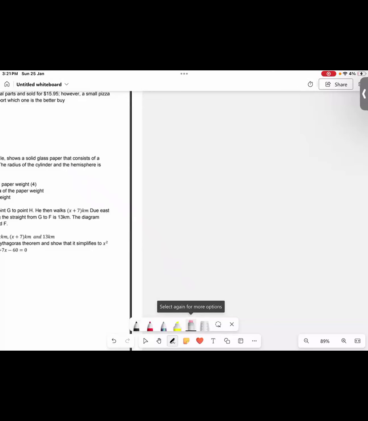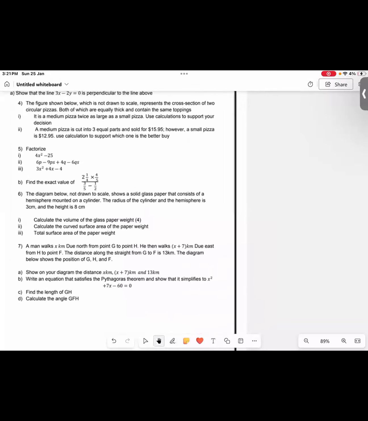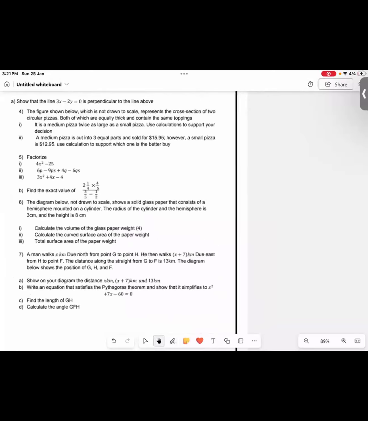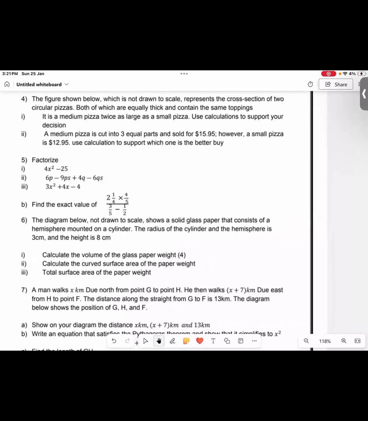All right, so I have a very interesting question, and today I caught my students overthinking this question. I caught them overthinking yesterday. I was like, wow, okay then. It says that the figure shown below, which is not drawn to scale, represents the cross-section of 2 circular pizzas, both of which are equally thick and contain the same toppings.